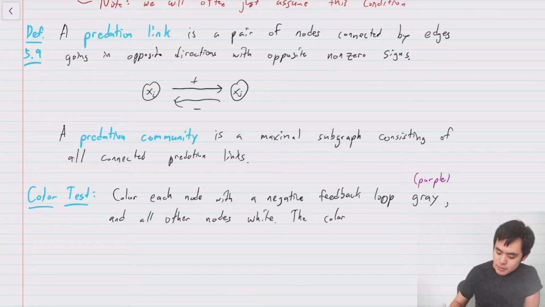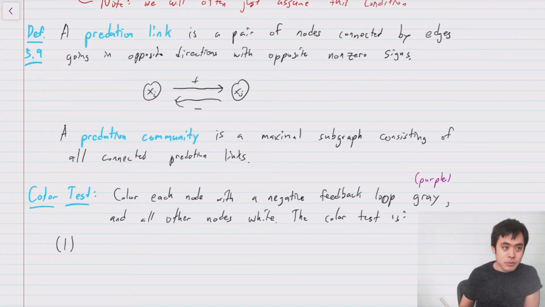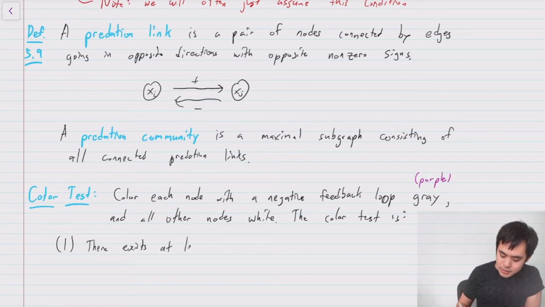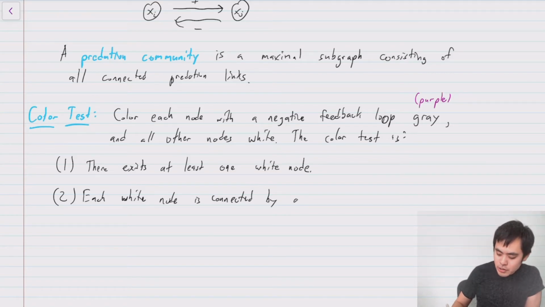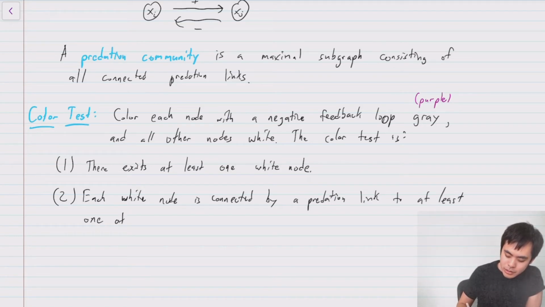The color test is: 1. There exists at least one white node. 2. Each white node is connected by a predation link to at least one other white node.